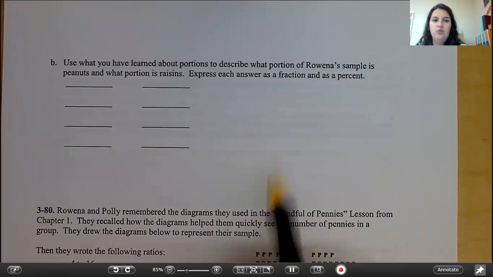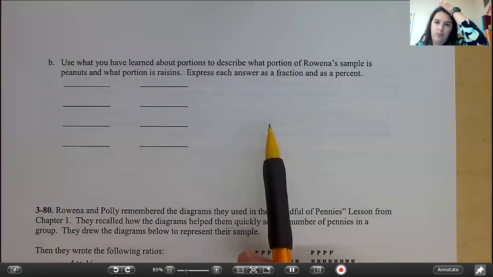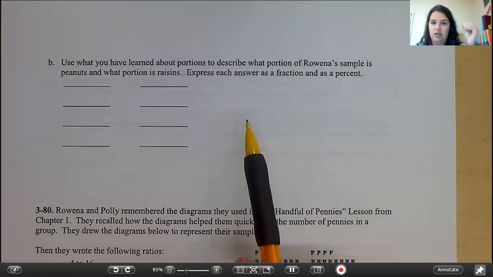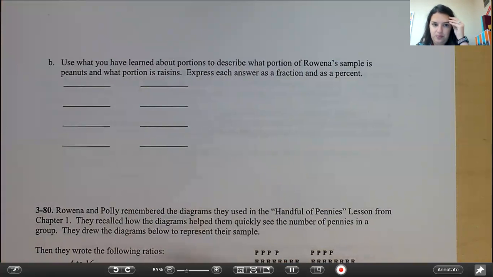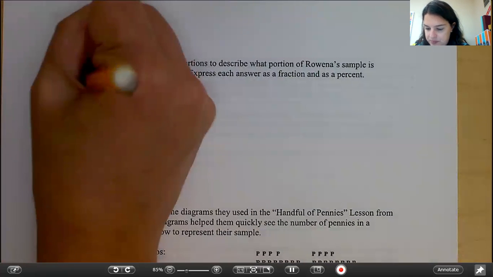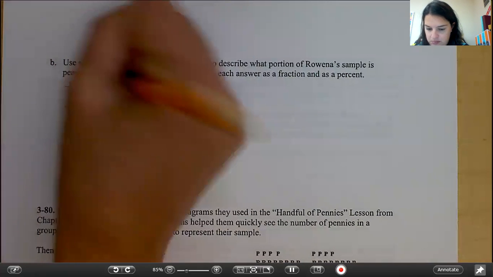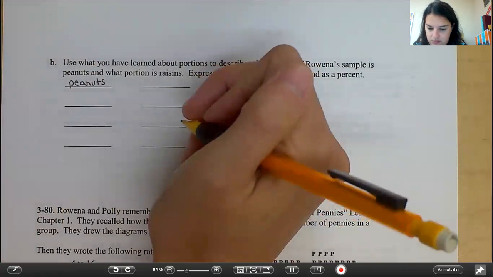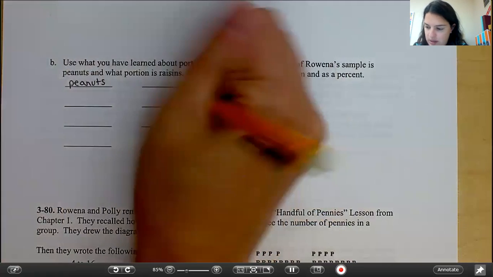It says, use what you have learned about portions to describe what portion of Rowena's sample is peanuts and what portion is raisins. Express each answer as a fraction and as a percent. So we have peanuts to raisins.